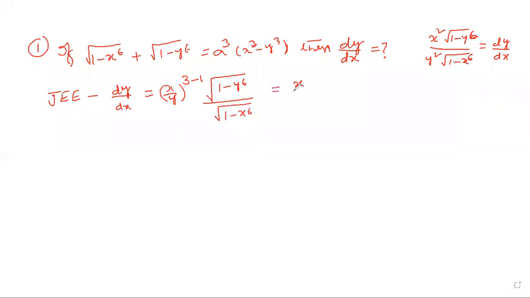Therefore, x by y whole square, root over 1 minus y power 6 by root over 1 minus x power 6. Only one line, we get the answer.